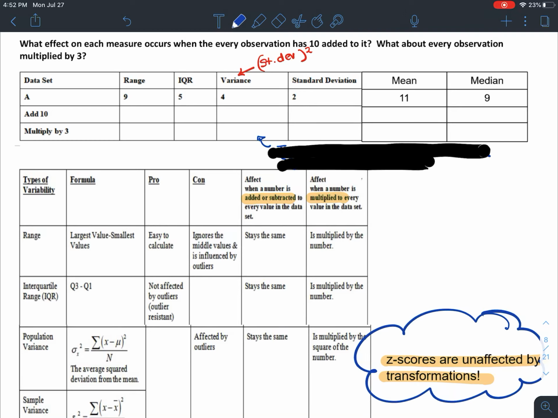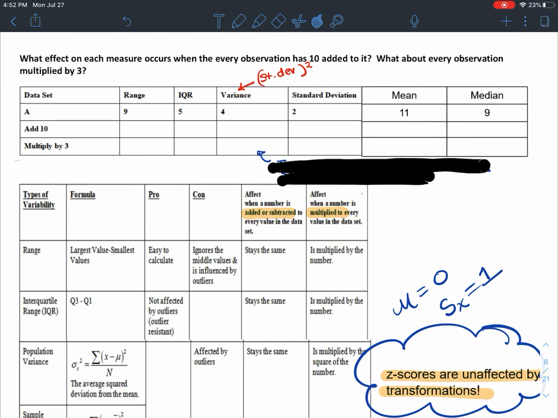Let's just look at the top. Oh, and one other thing, this is huge. Z-scores are not affected at all by any transformation.